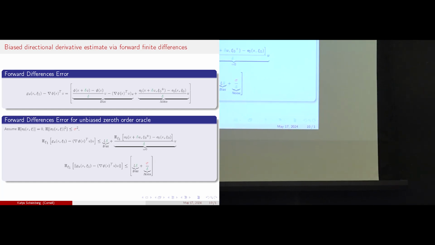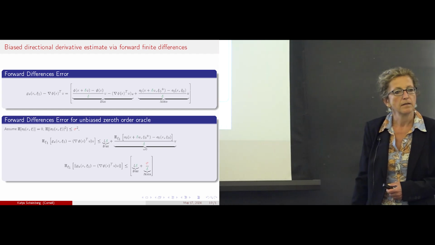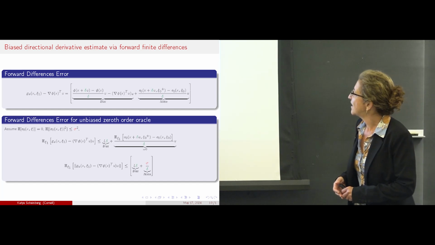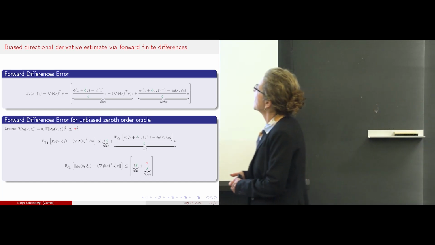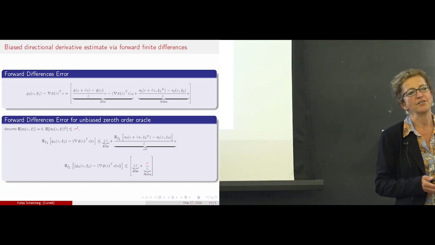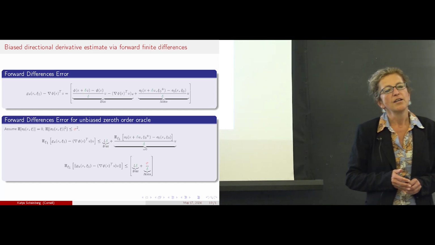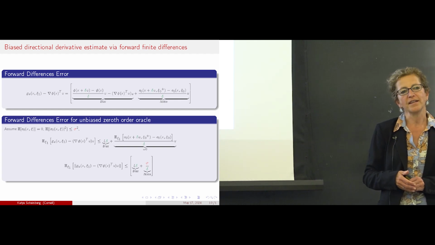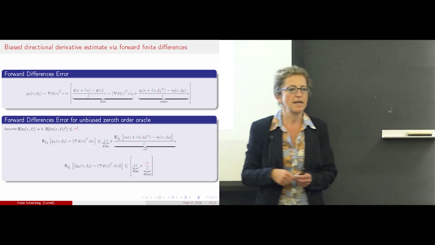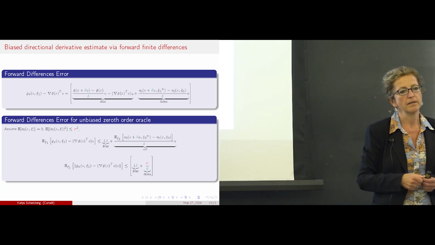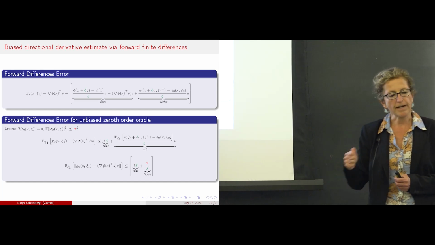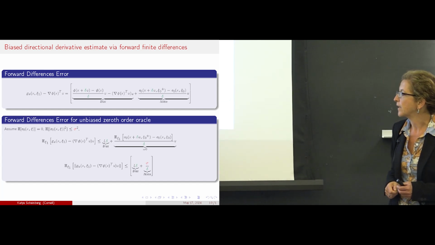Can I just ask, why do you have a xi naught plus and a xi naught? Why not just one xi naught? Because I don't assume that this is the same realization. That's a very good point. So that's a whole other thing. If you actually can compute the function value with the same random number, common random numbers as it's called, in simulation they use it very often.